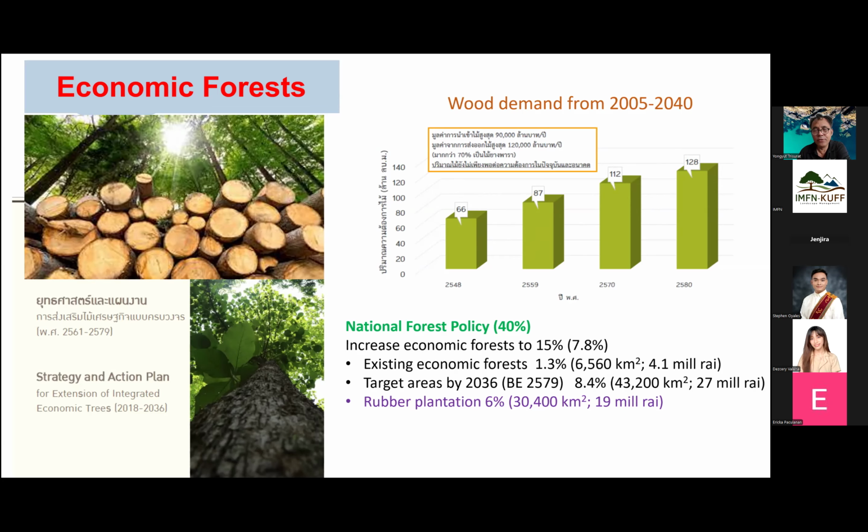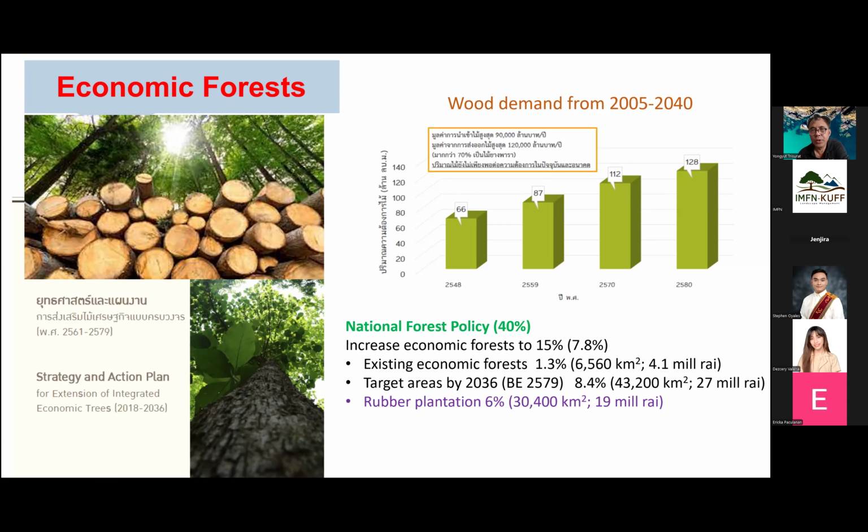However, the forest logging concession in Thailand was completely stopped in 1989, as I already mentioned. But the economic forest undertaken either by forestry industry organizations or private companies covers only 1.3% and can supply a limited amount of wood for utilization.